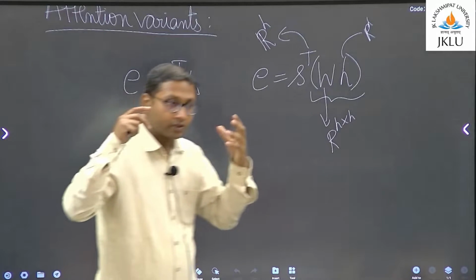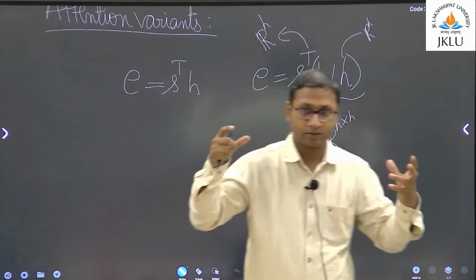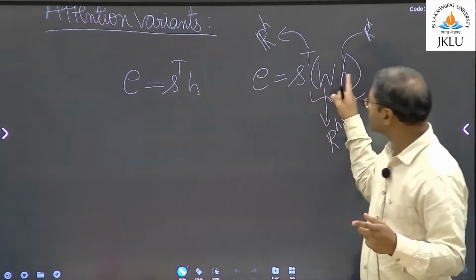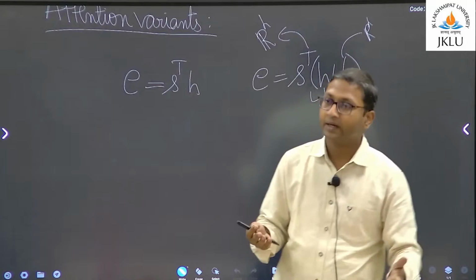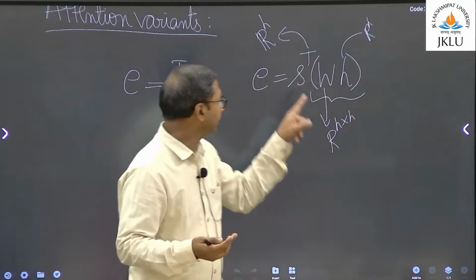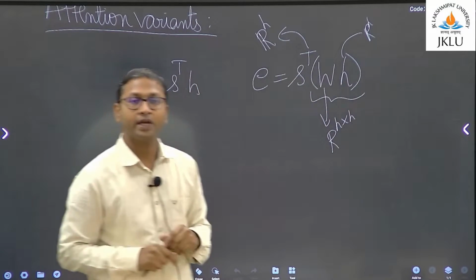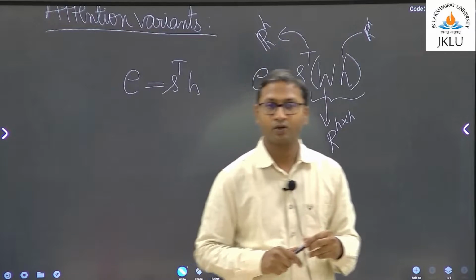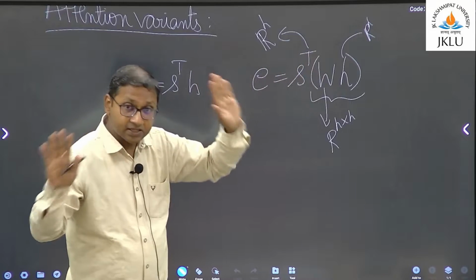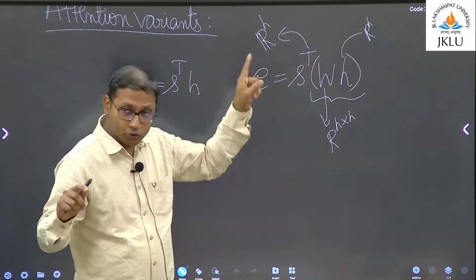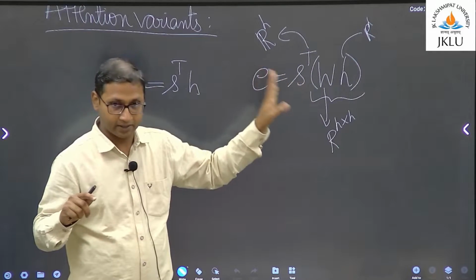So, if the system thinks that H should remain H only, it has a way of doing it by learning W as the identity matrix and not doing anything fancy. Okay. Now, at least in theory, in principle, this should be able to learn the identity matrix, right?